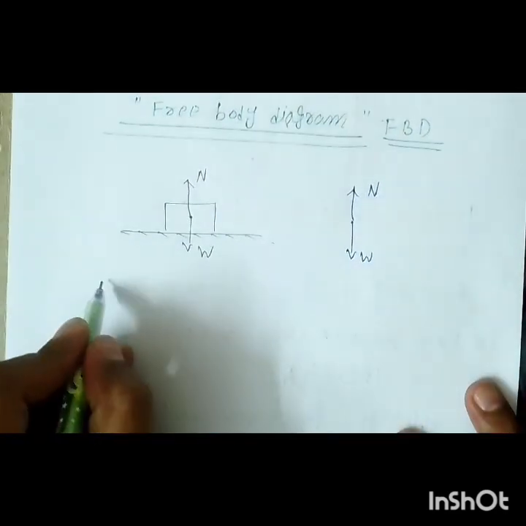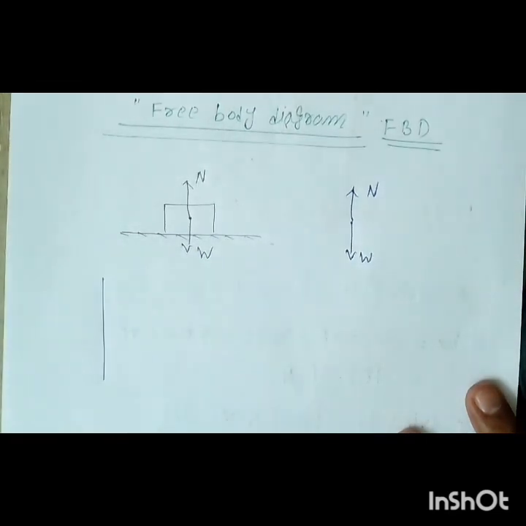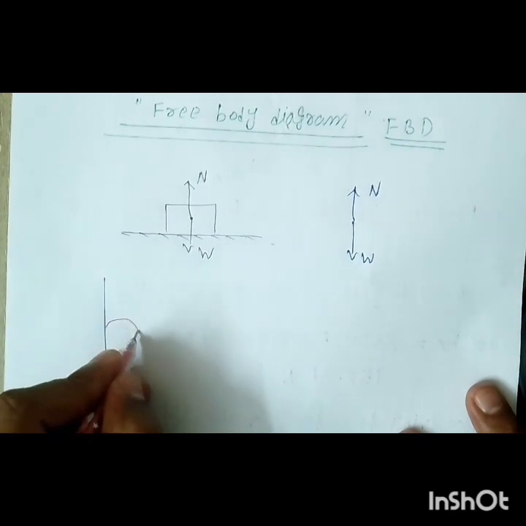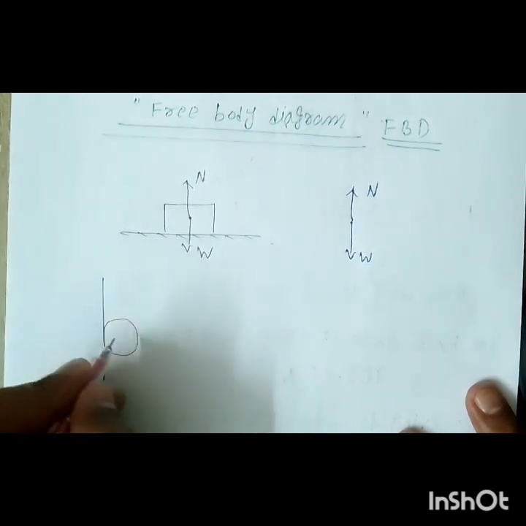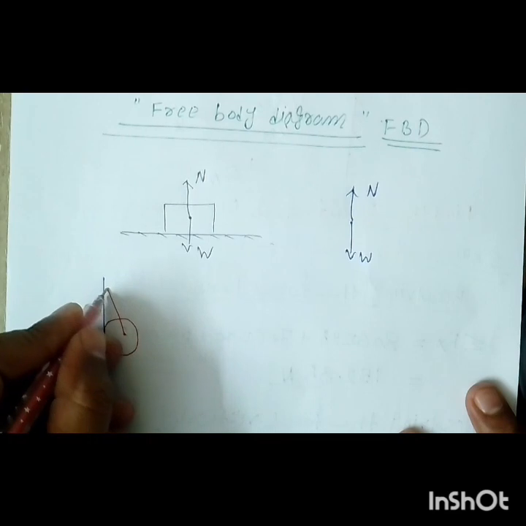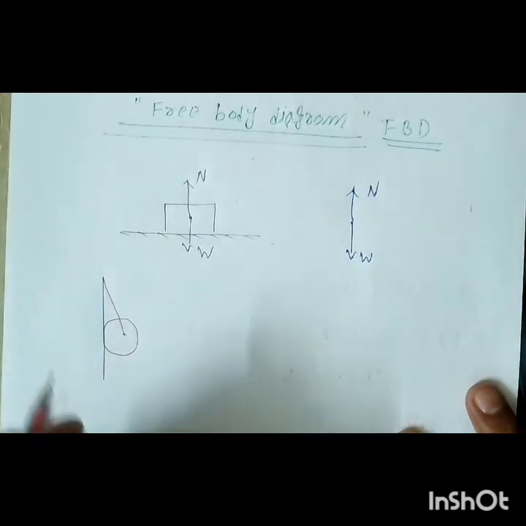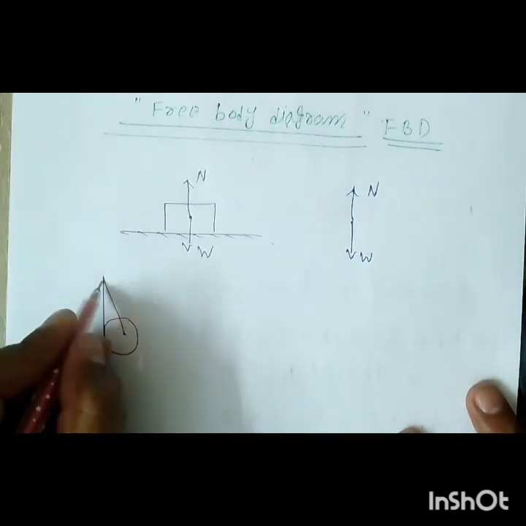Now one more example. Suppose you have a vertical wall, and a cylinder hanging with the help of a rope. This is the rope and this is the vertical wall.